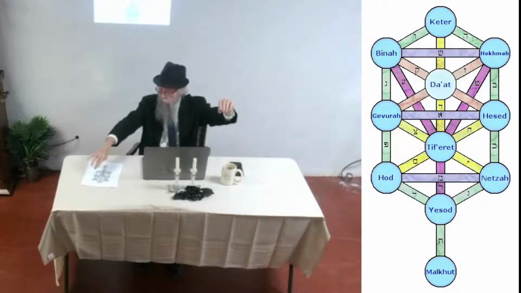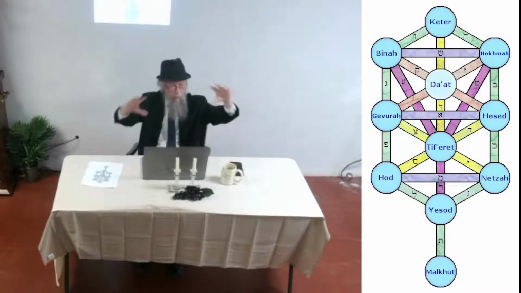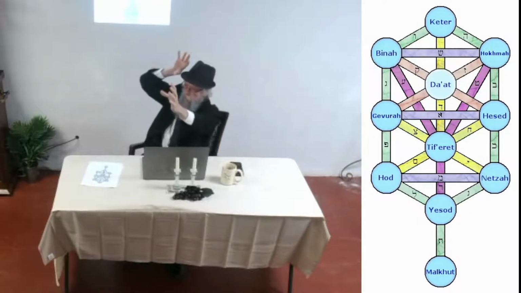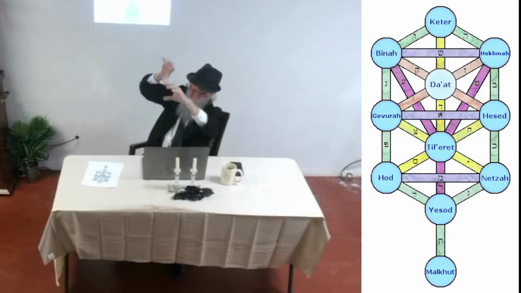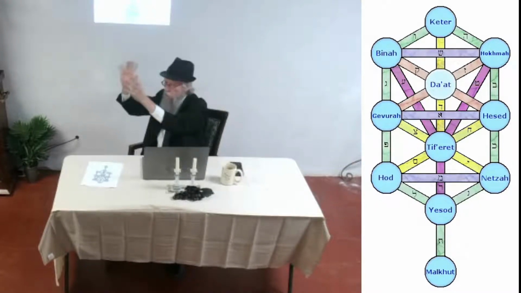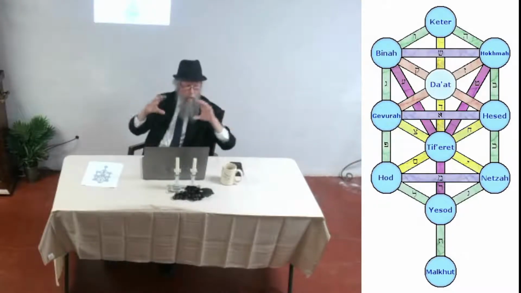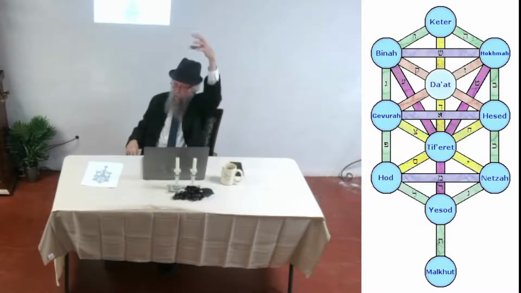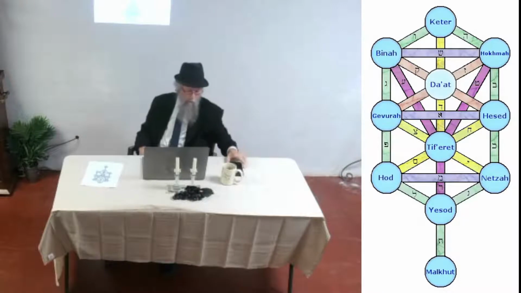If you look at your Tree of Life at the top left, Bina, Chokhmah, Chod, and Netzach, there would be another set of those on the right side, another set on the back side, and another, so it forms a square all the way around. Then you have Keter at the top, Malchut at the bottom, and Tiferet in the middle.